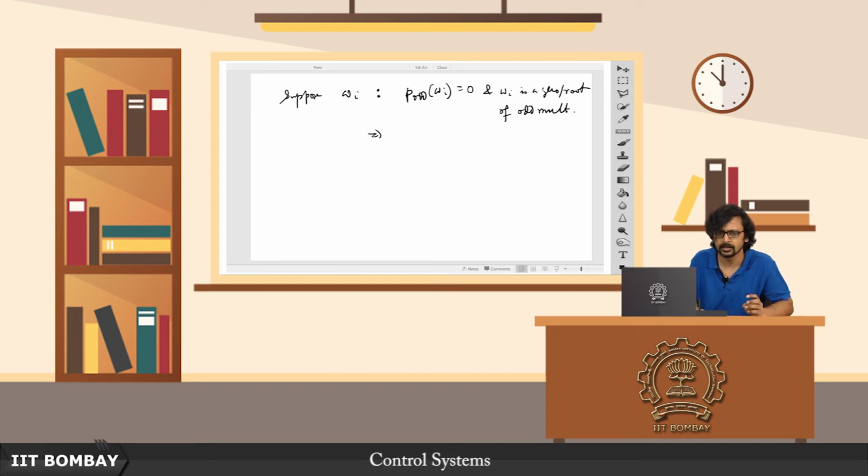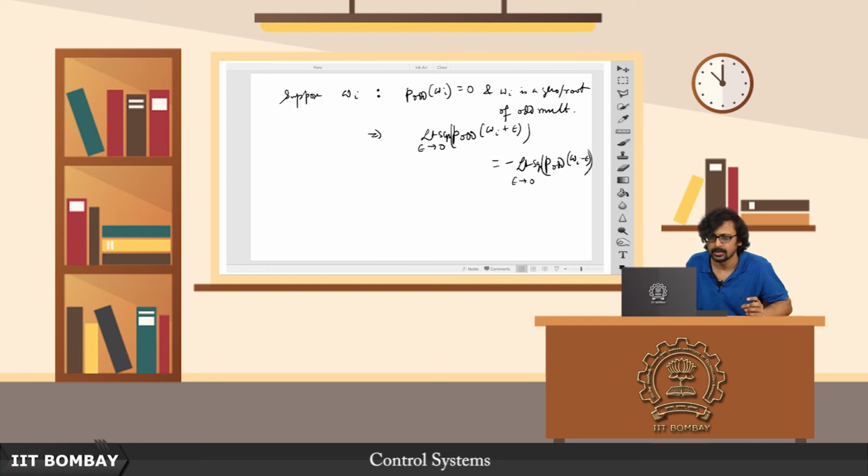That just means that the limit as epsilon tends to 0 of p odd omega I plus epsilon, the sign of this is going to be the opposite of the limit as epsilon tends to 0 of p odd omega I minus epsilon.